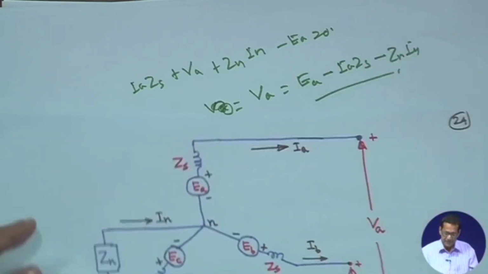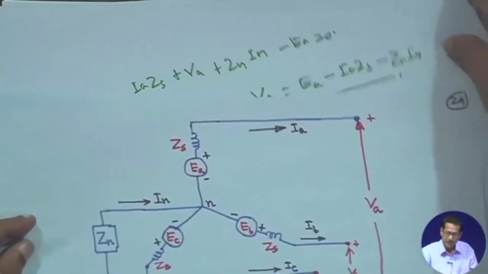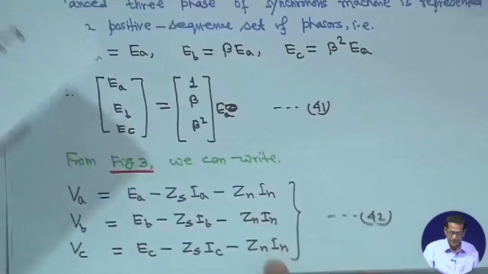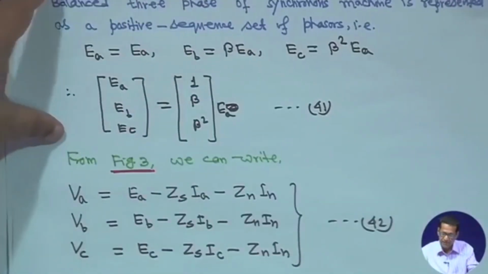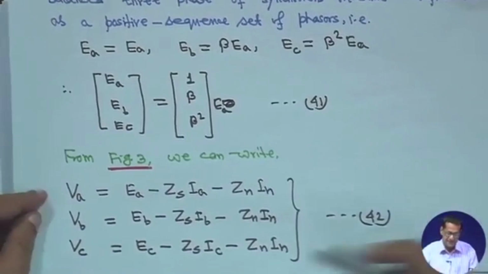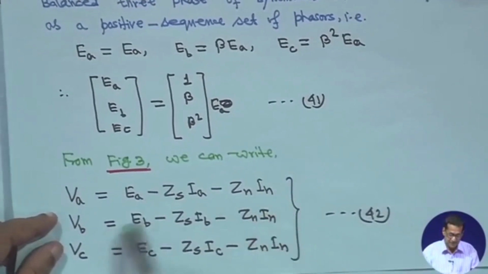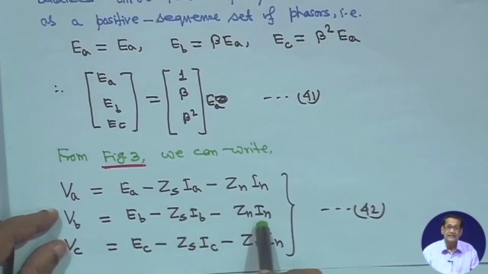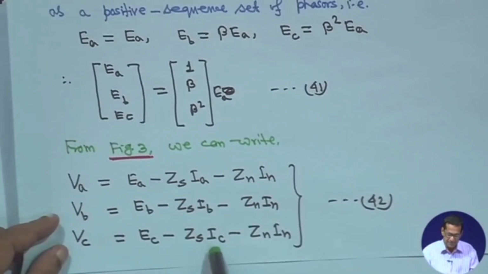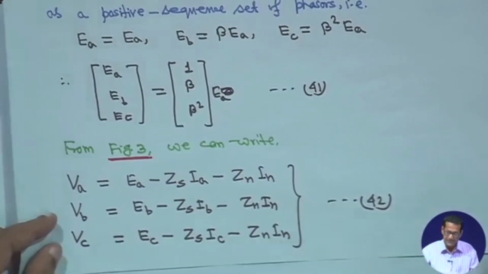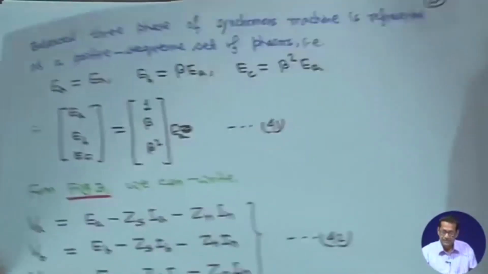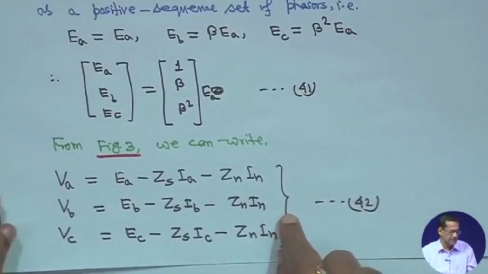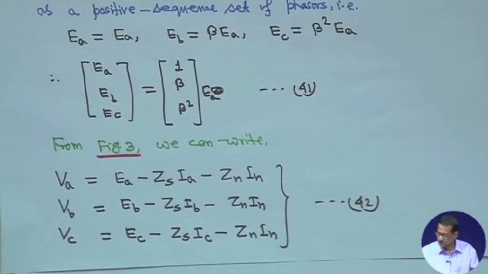Similarly for phases B and C. VB is equal to EB minus ZS IB minus Zn IN, and VC is equal to EC minus ZS IC minus Zn IN. That means, if you apply KVL, you will get these 3 equations. This is equation 42.